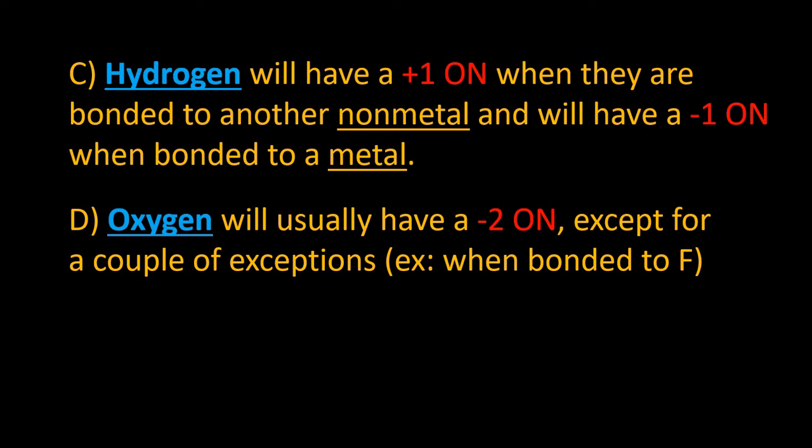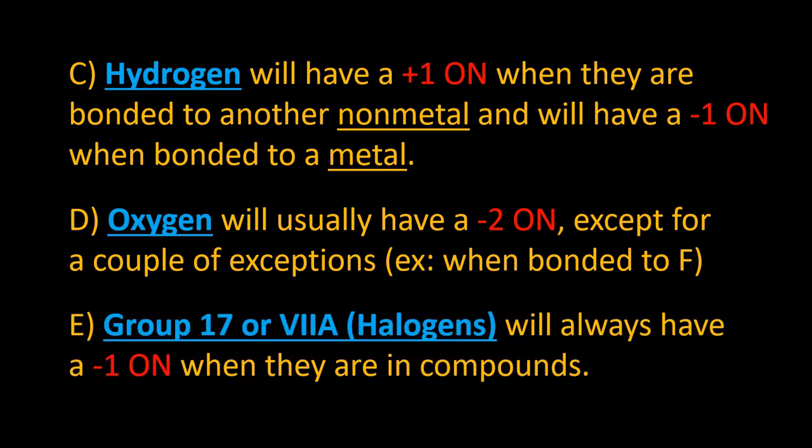When it's acting like a halogen over on the right side and it's bonding to a metal, it will have a -1 oxidation number. Okay, so hydrogen and a nonmetal, +1 oxidation because it's acting like an alkali metal. Hydrogen and a metal bonded together. Remember, that's everything to the left of that zigzag on the periodic chart. Will have a -1 oxidation number because it's acting like a halogen.